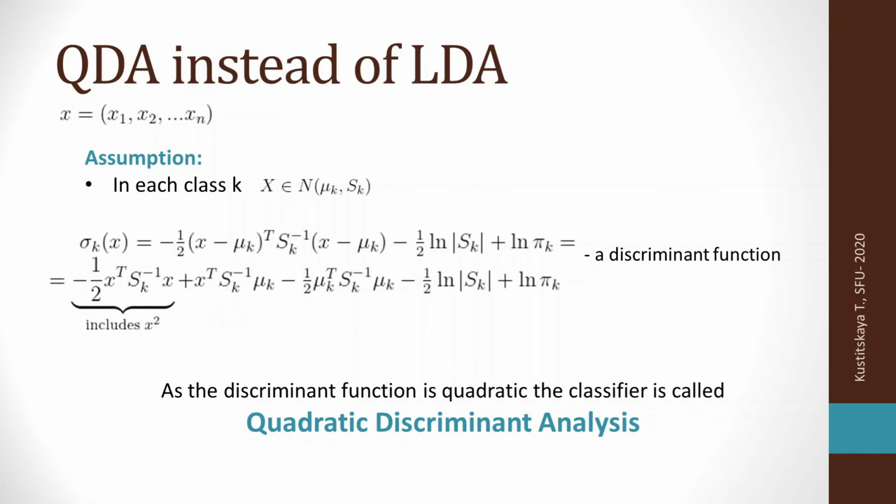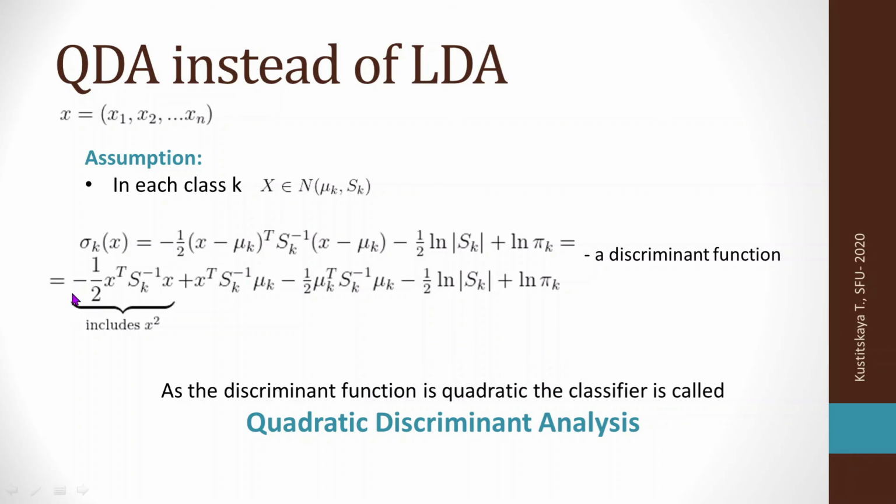Now we set another assumption. We suppose that again all of the observations within one class are distributed normally, but not only is the mean class-specific, the covariance matrix is also specific for each class. Under this assumption, the Bayesian classifier assigns an observation x to the class for which this function sigma k of x is the largest.